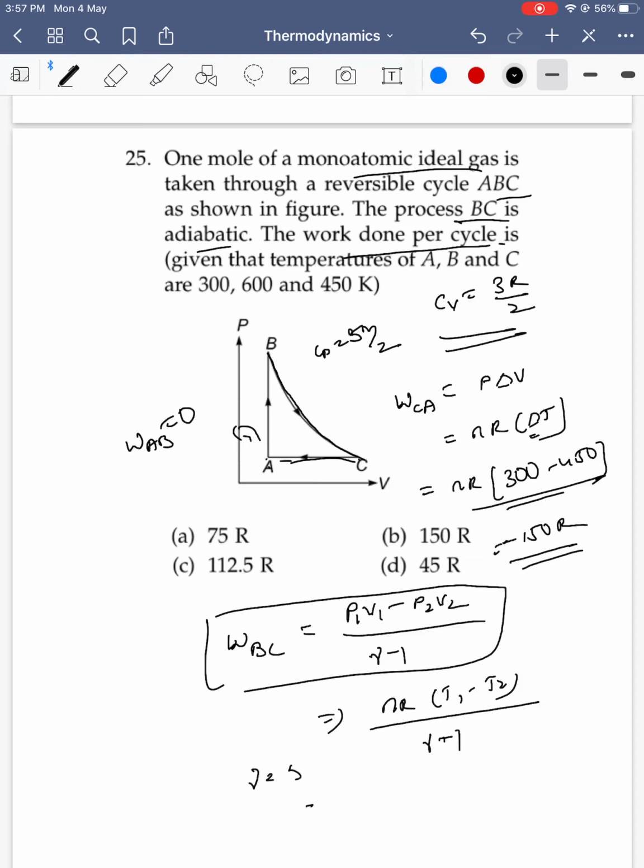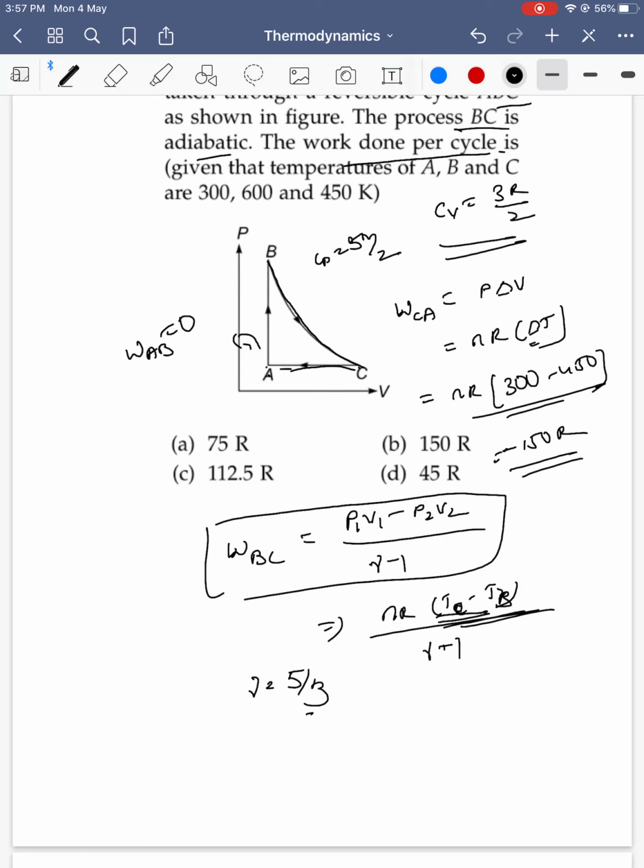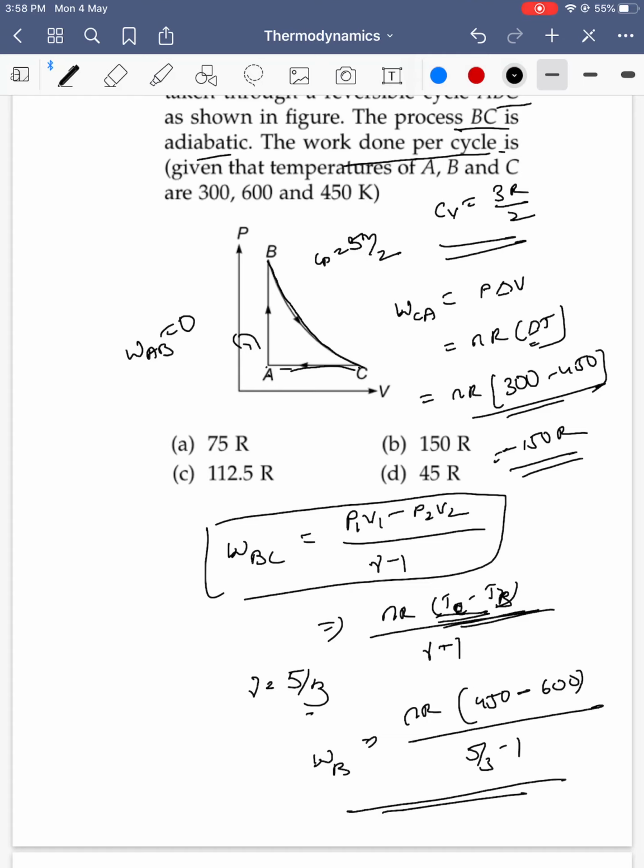You know the temperatures Tc and Tb here, so substitute the values: nR into Tc, which is 450, minus Tb, which is 600, divided by gamma minus 1, which is 5 by 3 minus 1. So this is the work done in the process BC.